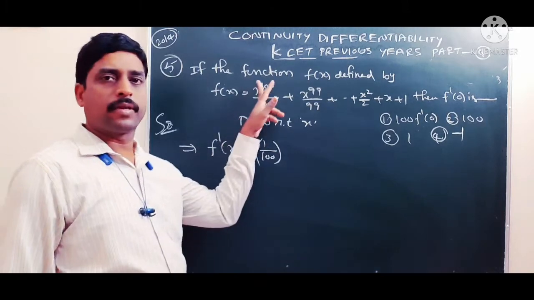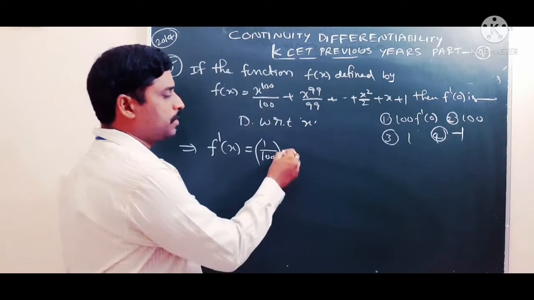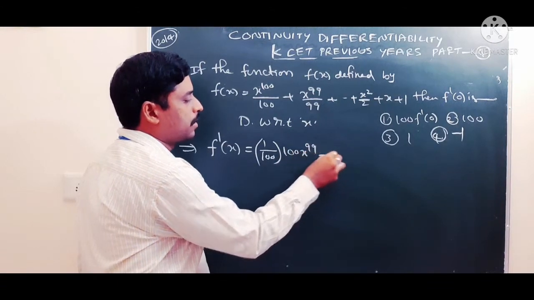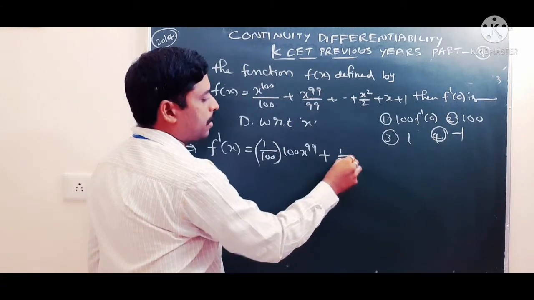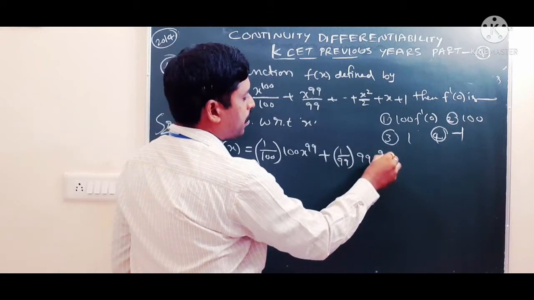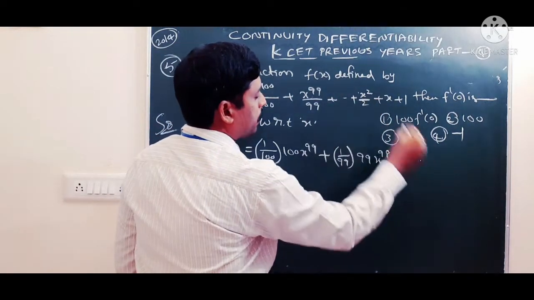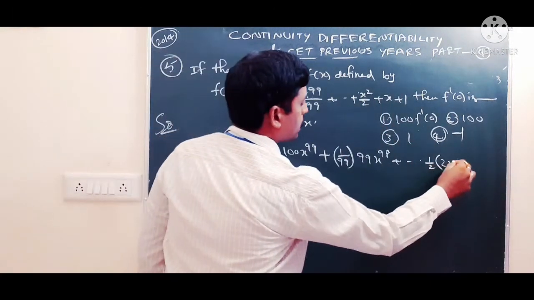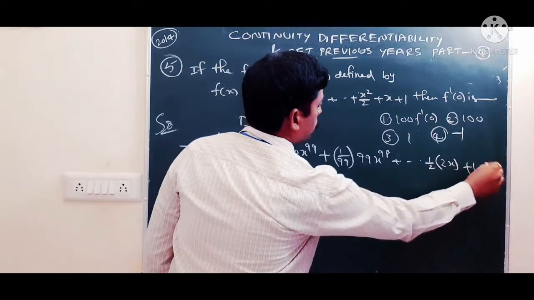The derivative of x to the power 100, by using the n into x power n minus 1 formula, is 100 into x power 99. So this will be 1 by 99 constant. The derivative is 99 into x power 98. 1 by 2 constant. The derivative of x square is 2x and the derivative of x is 1, plus 0.